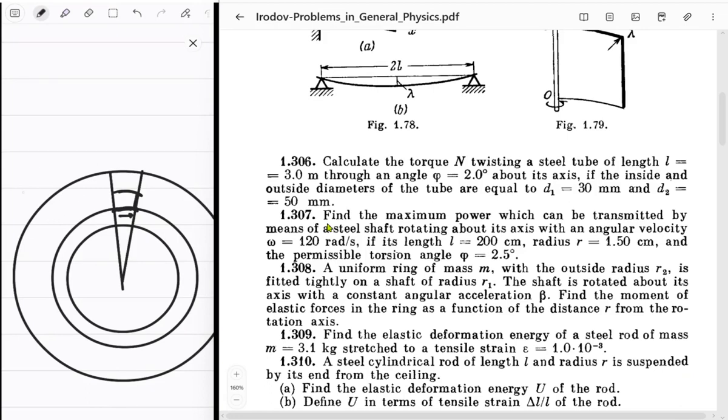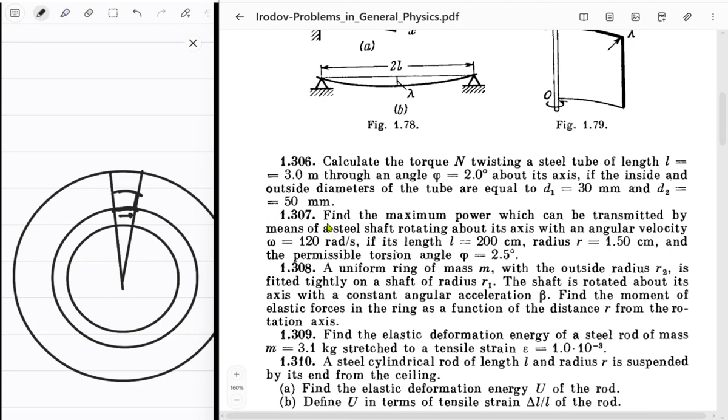Okay, we should actually do it correctly. It's 308. It's a uniform ring of mass m. They didn't give us what material it's made of. Find the moment of elastic forces in the ring as a function of the distance.